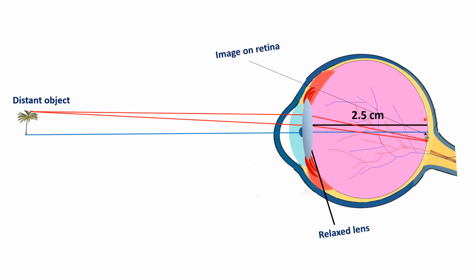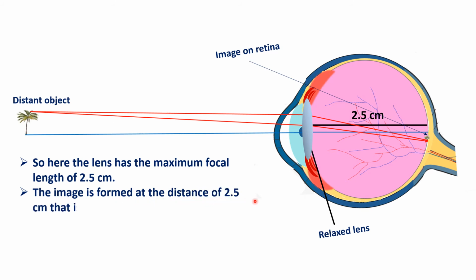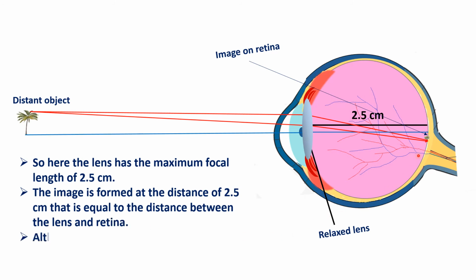So here is the image on retina. Here the lens has the maximum focal length of 2.5 centimeters, and the image is formed at the distance of 2.5 centimeters, that is equal to the distance between the lens and retina. Now observe the image.